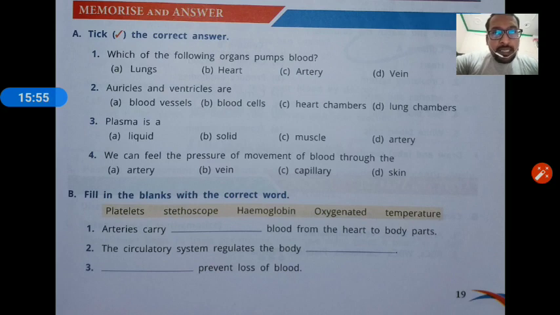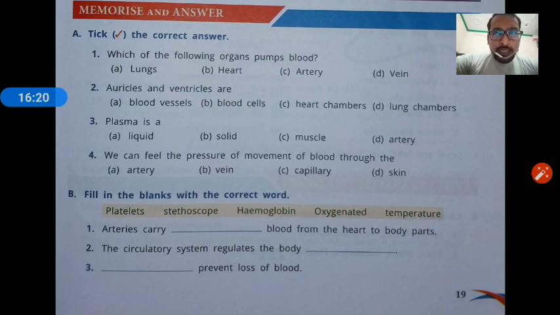Next we have fill in the blanks with the correct word. Arteries carry oxygenated blood from the heart to body parts. Okay, so the answer is number 1, oxygenated. Number 2, circulatory system regulates the body temperature. Okay, so this is the answer, temperature.